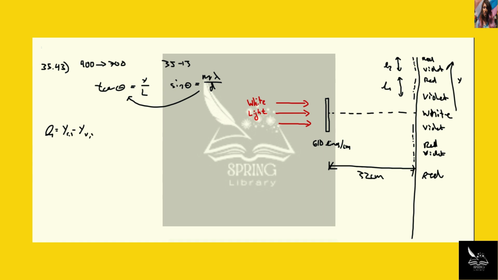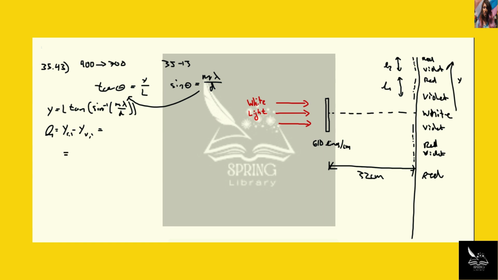I'm going to put subscript ones here because I said L1. So we need to solve these two equations for y, and we see that y is given by L tan of inverse sine of m lambda over d. We should know everything here, so we can just plug this in.